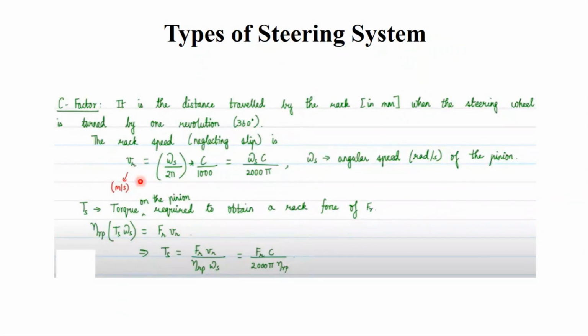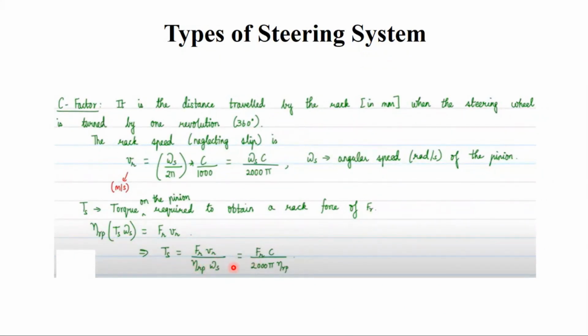VR is nothing but the velocity of the rack, and omega is the angular speed. And then TS is nothing but F4 into VR divided by the overall efficiency of the rack and pinion into omega s.